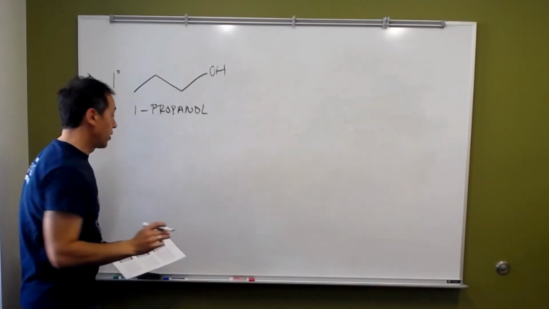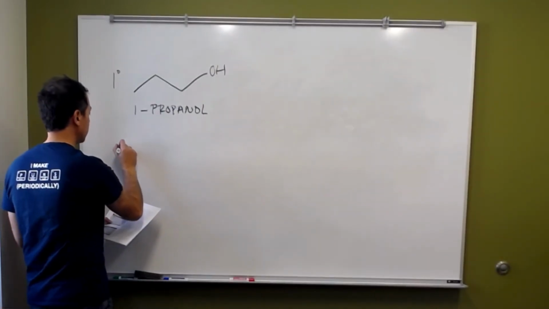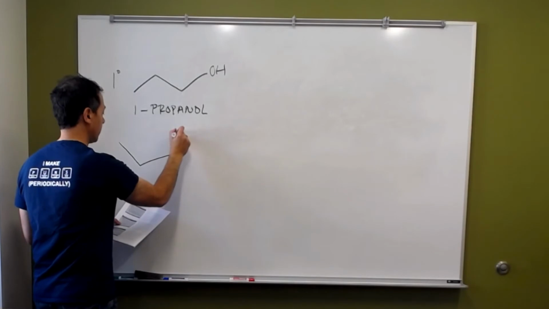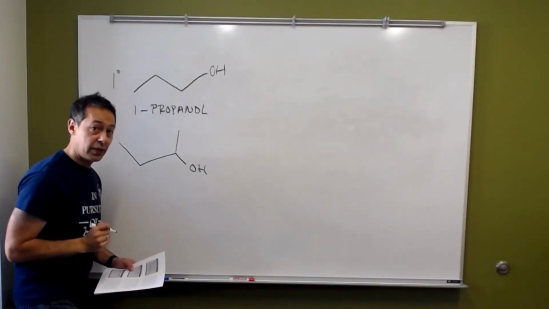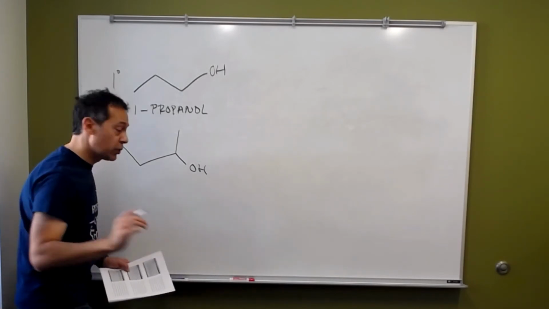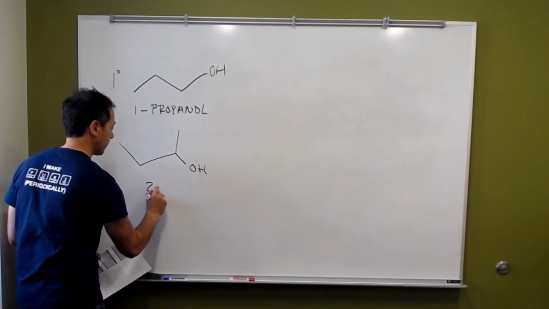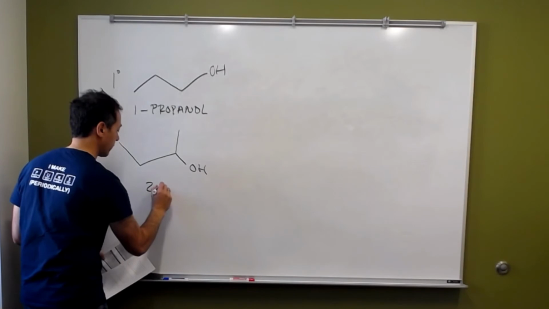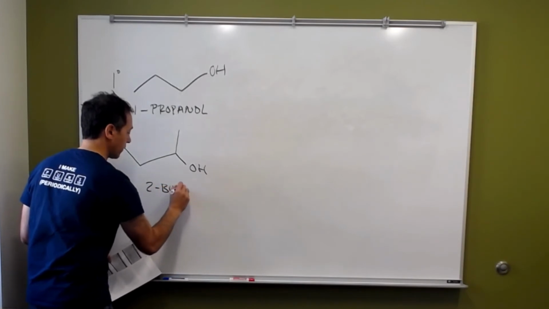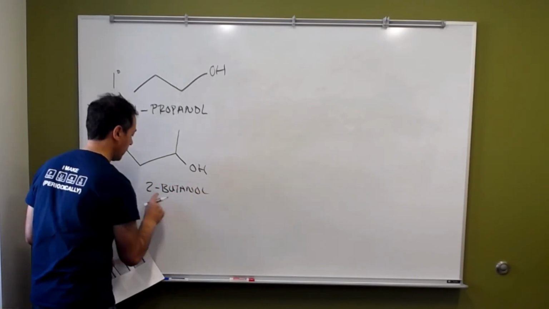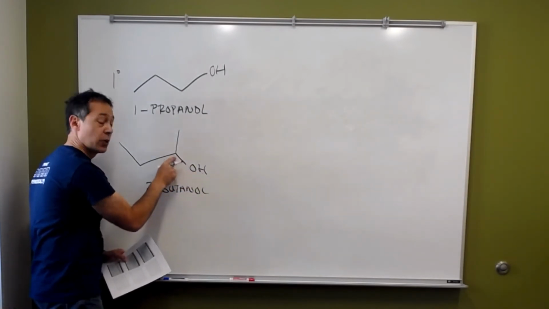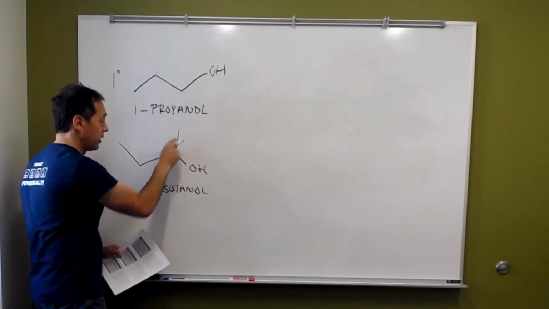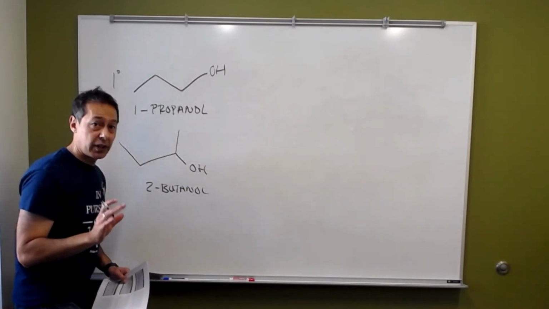Now a secondary alcohol like this here is 2-butanol. In 2-butanol, this hydroxyl group is attached to a carbon atom that has 2 carbon atoms directly attached to it.